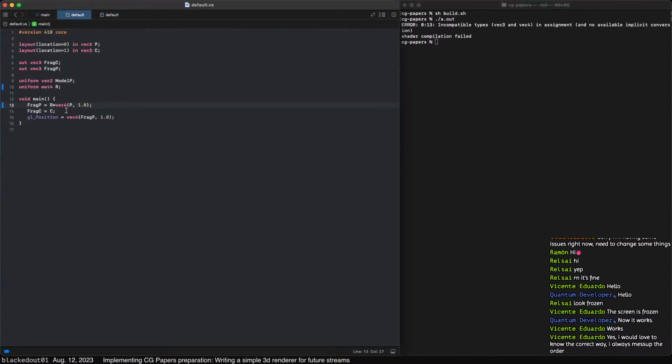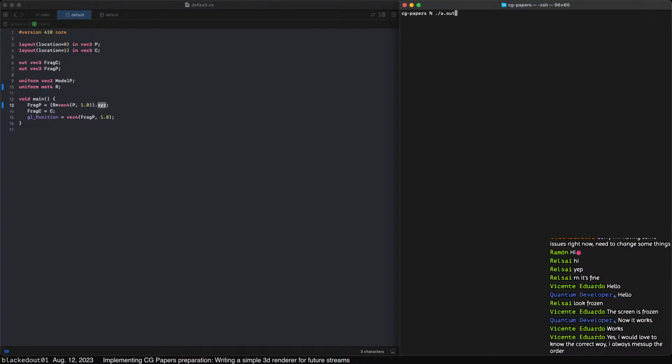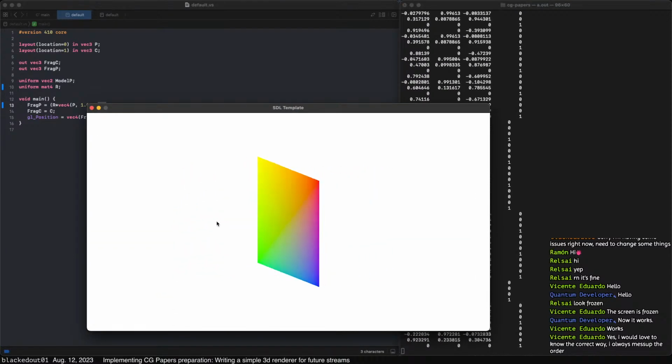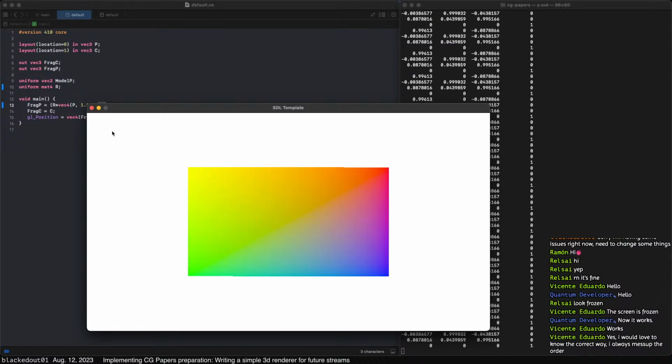And because the result is also a vector 4, I need to remove the W component, which I will do now with this here. In GLSL, you can just append the components you want to have as a member. So this works, and it was like before.